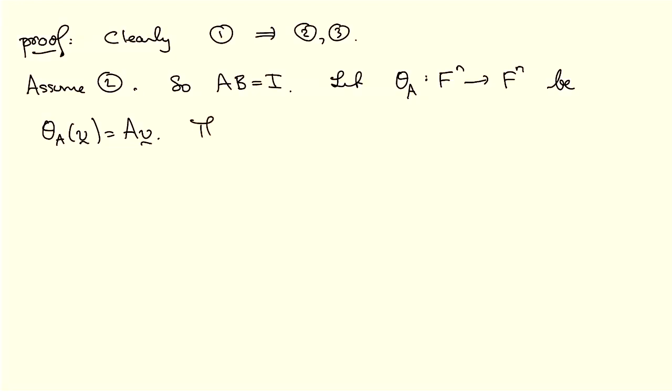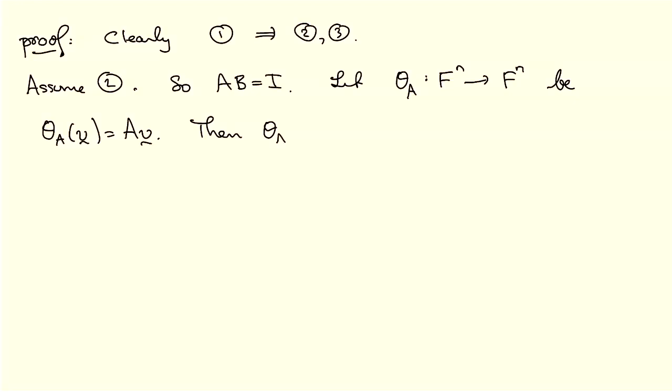Well, then the condition that we got, that AB equals the identity, tells me something. It tells me either A is injective or surjective. I have to think about which one, but then I'll know the other one for sure by the rank nullity theorem. But it tells me that we're surjective.